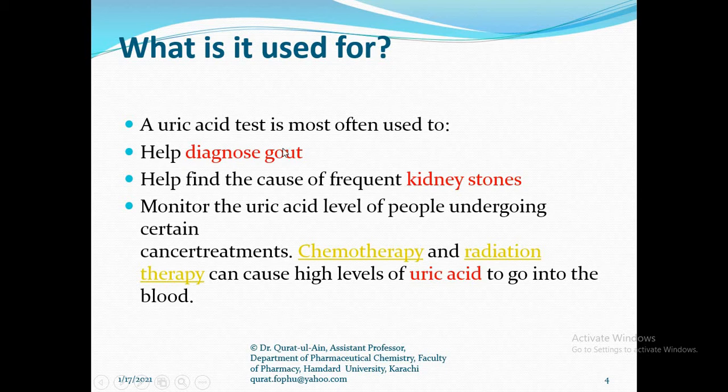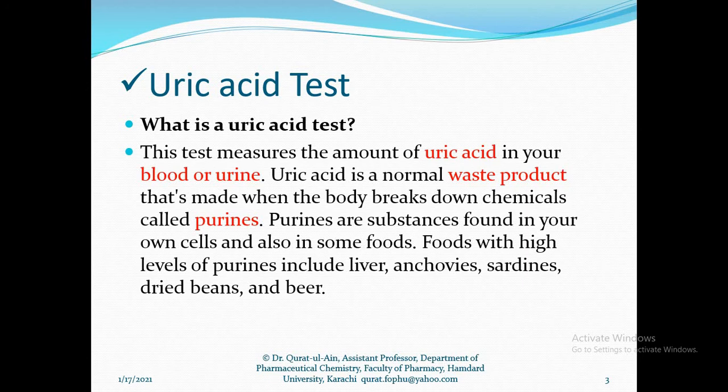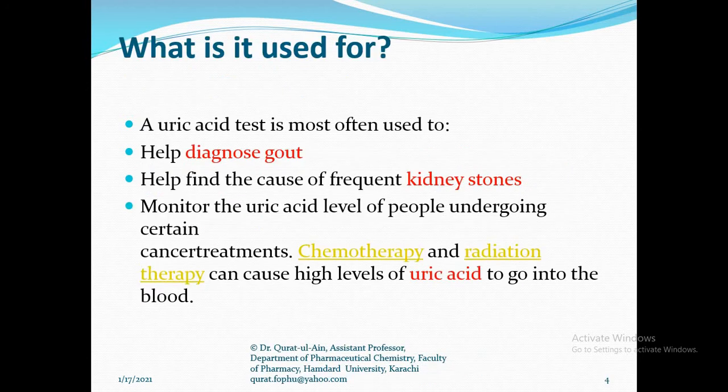We use it to diagnose one of the diseases in your body, that is gout. If you have a high concentration of uric acid in your body, it is an indication that a person has gout.